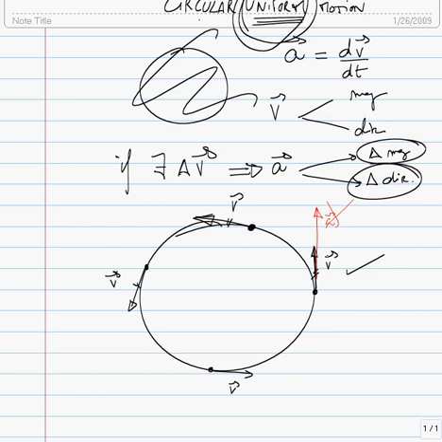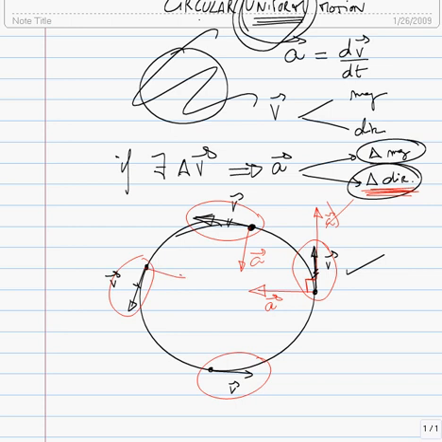But obviously, this direction is different from this direction, which is again different from this one and this one. So there's going to be something that changes direction, and that cannot be in the same direction as the velocity at all times. Well, the answer is that's the guy. The acceleration is perpendicular to the velocity at all times.